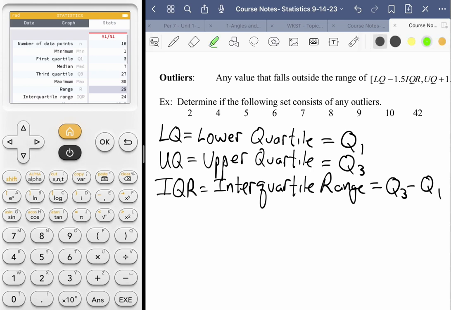So I'll do what I did before where I move the highlighter over. It's one step over, one step back, one step forward, one step back, forward, back, and then they both eventually land on the 7 in the middle. Right, so that's my median.